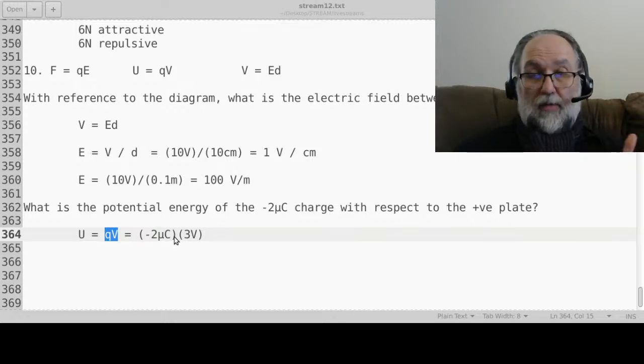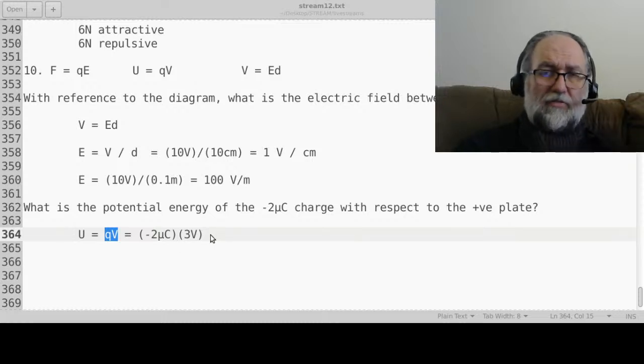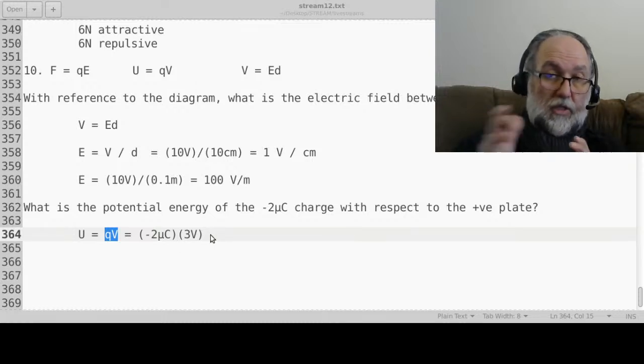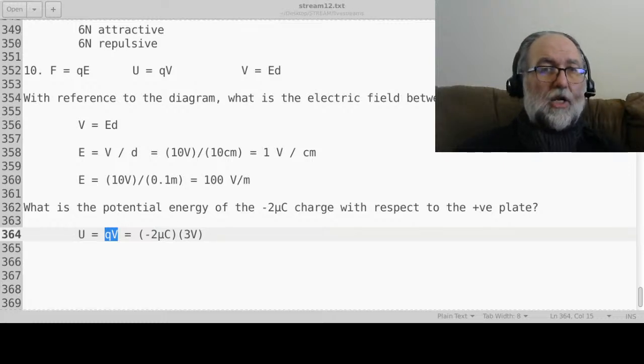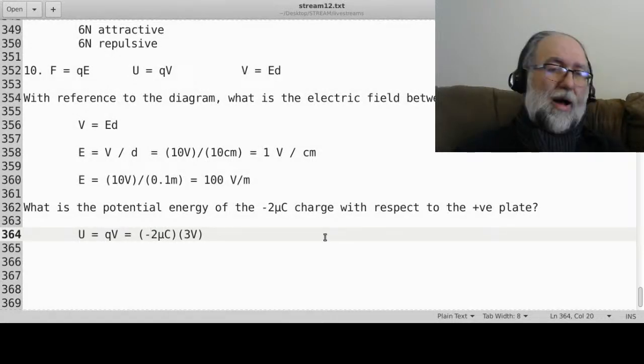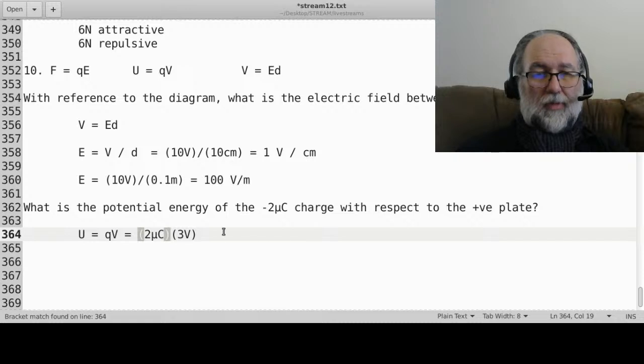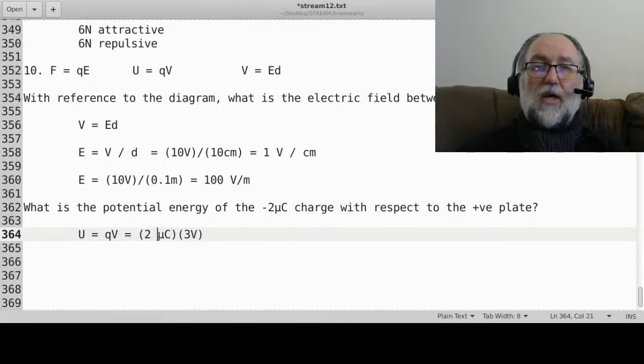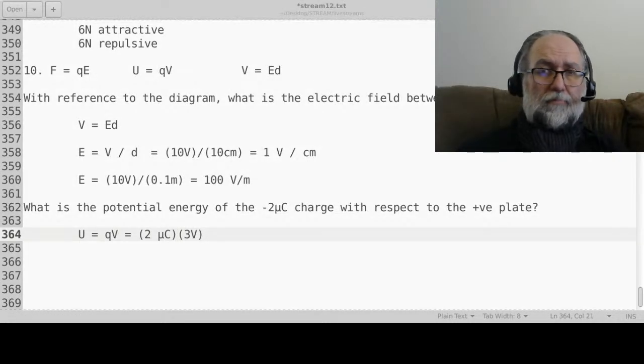Okay, so I'm at 3 volts, or the negative charged particle is at 3 volts, because it's going to fall 3 volts to the positive plate, and then multiply that by the charge, which is -2. And by the way, for this problem, you don't really need the negative, because the negative and positive for these problems are all about whether it's attractive or repulsive.